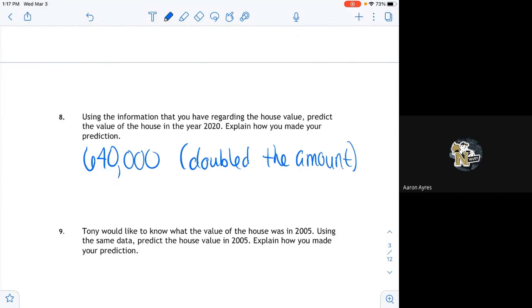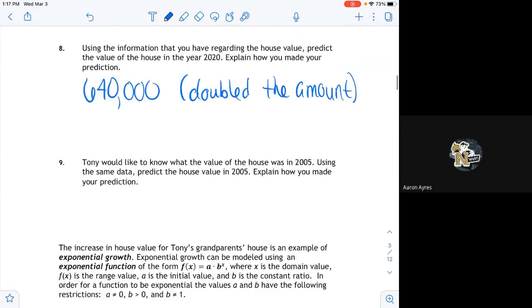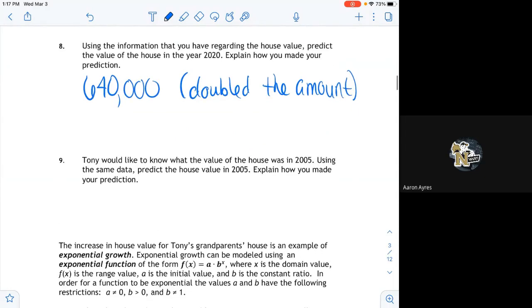Okay. All right. So we're going to give you guys a chance now to look at problem number 9. And I'm going to get a prediction from each group, what they think the amount of the house would be for 2005. Okay? You know what it is in 2010. You know what it is in 2000.